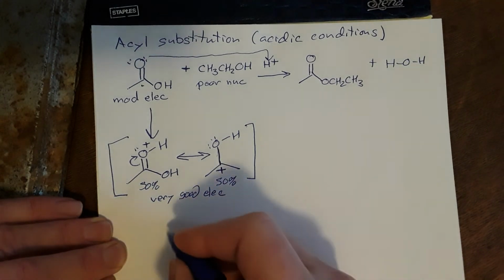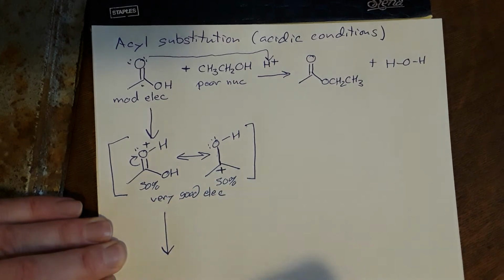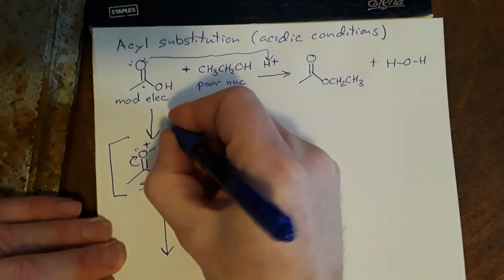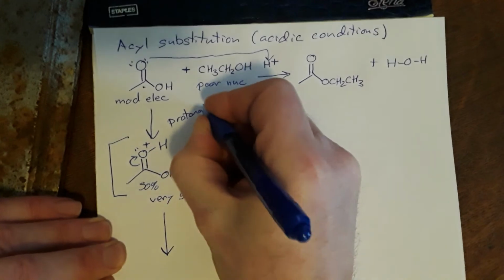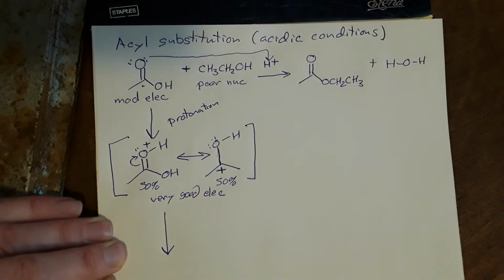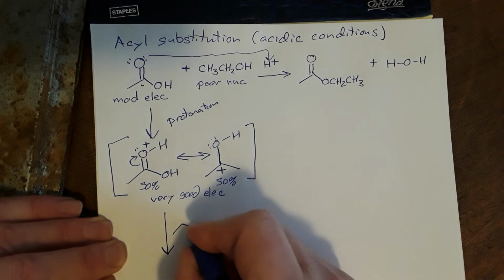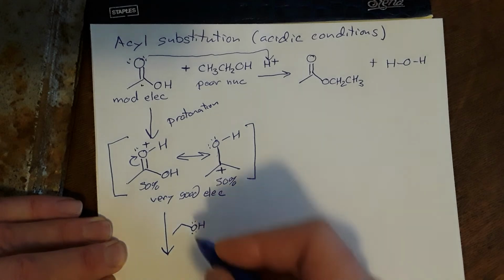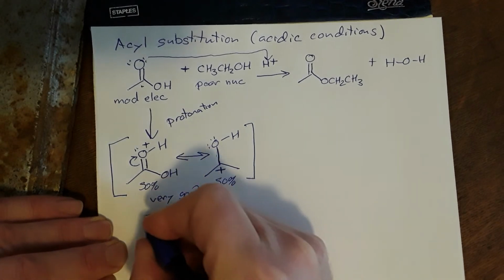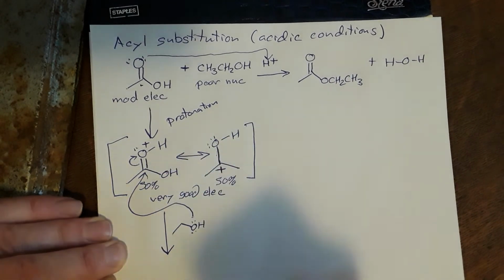So now our poor nucleophile, after we did this first step, which is protonation, can come in and add more easily. So we can show this coming in on either one of these resonance structures.